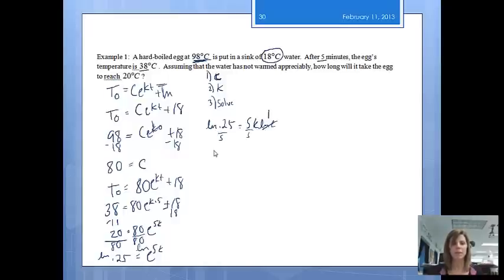If I divide both sides by 5, I now know that k is equal to ln of 0.25 over 5. All right, so my new formula is now y equals 80 e to the ln 0.25 over 5 t plus 18. So I found C, I found K, and now let's see if we can answer the question.